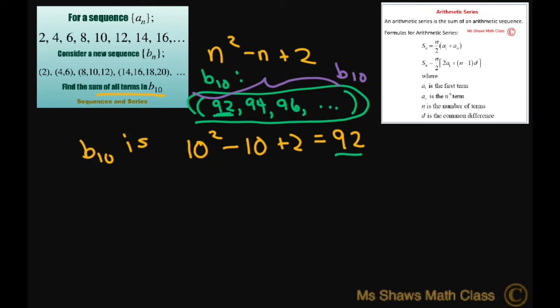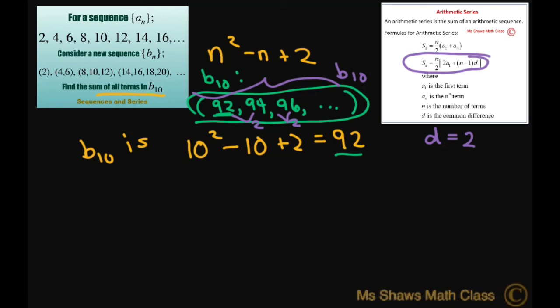All right. Now, since b sub 10 has 10 terms, and the common difference is 2, right? We keep going by 2. Then we can use this formula here to find our sum.